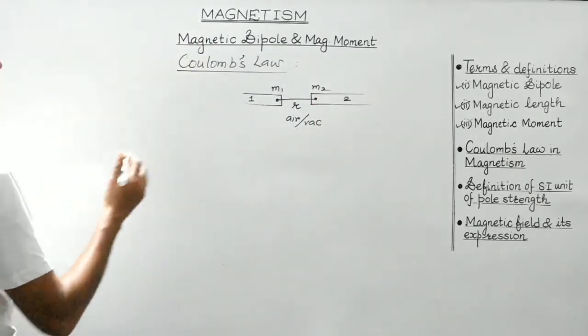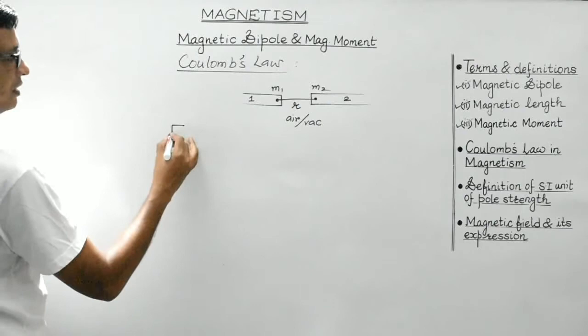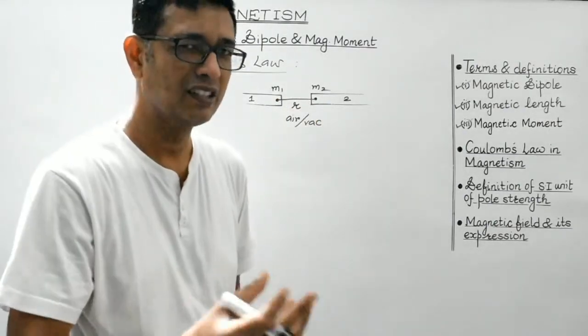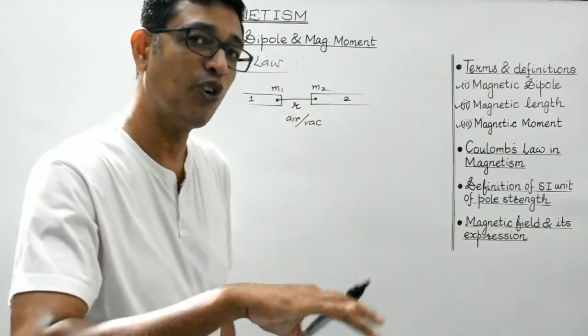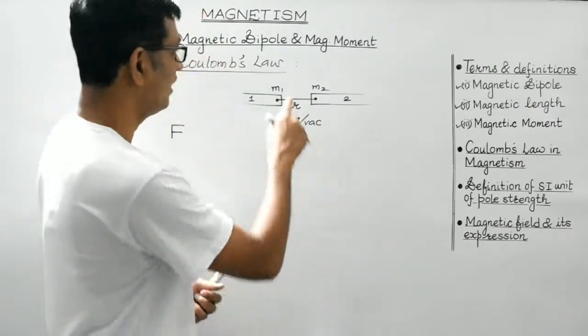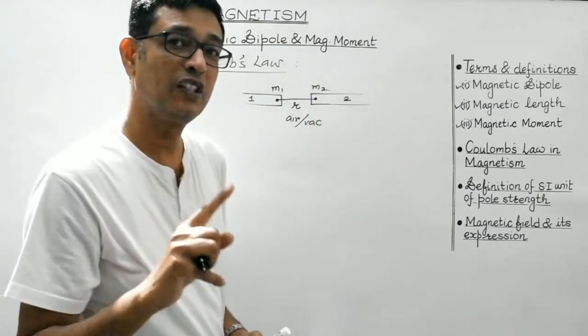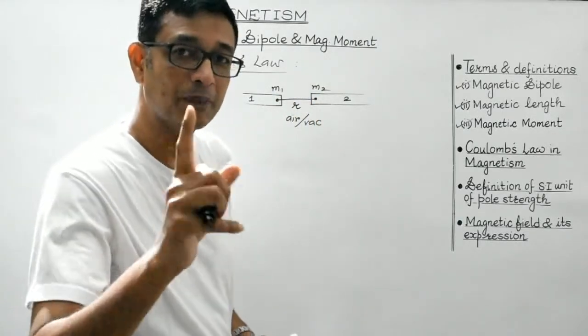So Coulomb's law states that the magnetic force between these 2 poles, and we are aware the nature may be either attractive or repulsive. In case both are north-north or south-south, then the nature of the magnetic force must be repulsive.